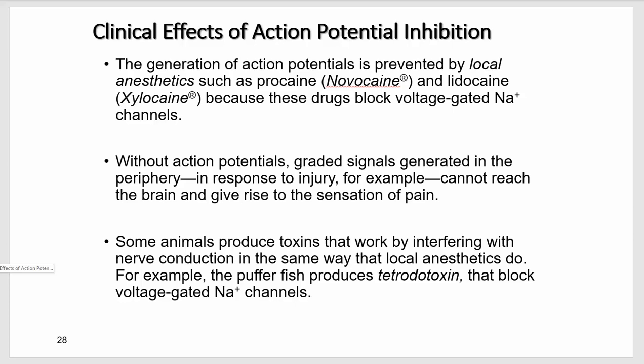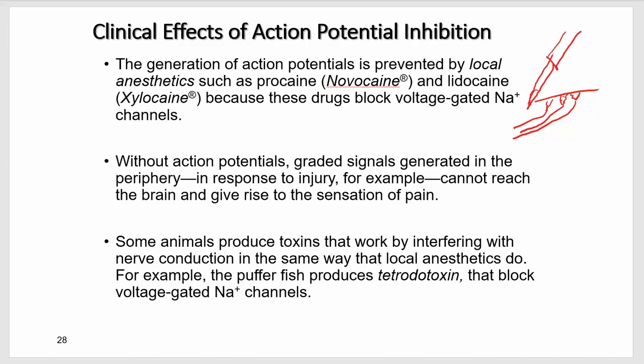The generation of action potentials is prevented by local anesthetics such as procaine, lidocaine. So these drugs block voltage-gated sodium channels. Now this should make sense. If our sensory neurons are in our skin, if we have all of these sensory neurons that are being passed with action potentials, if we inject in this area, this is a syringe now.